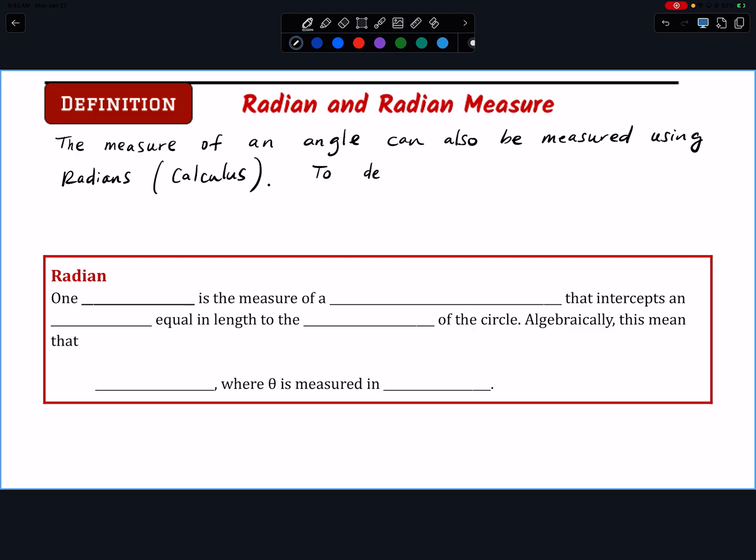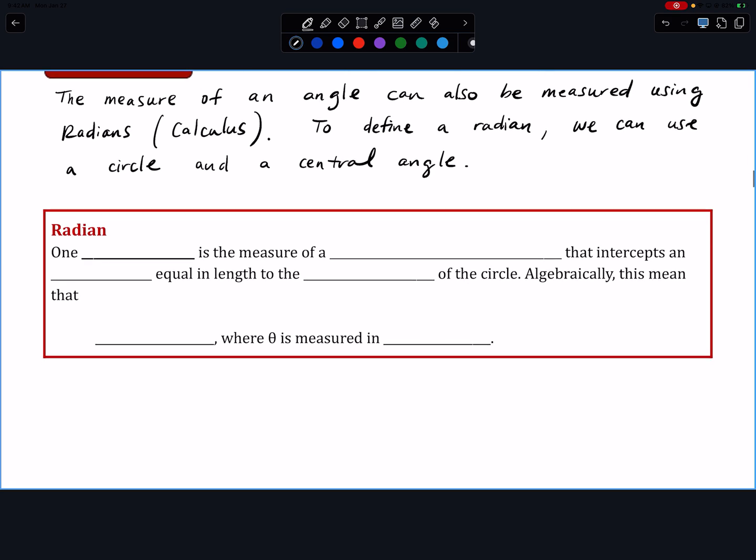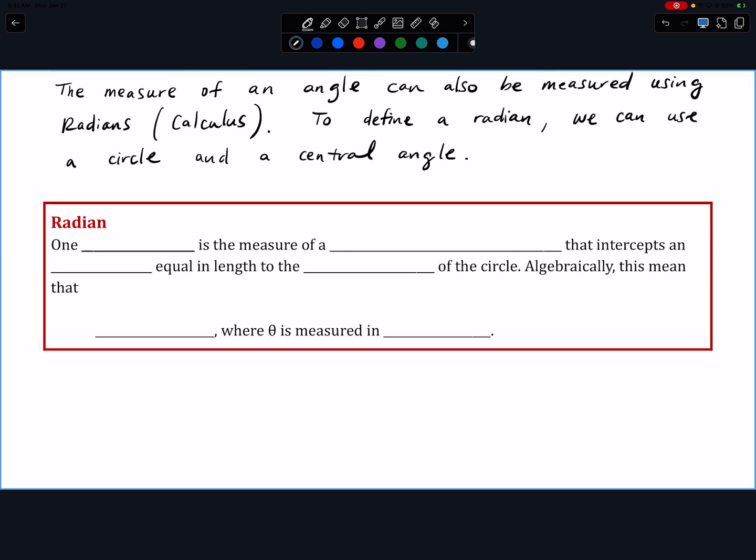To define a radian, we can use a circle and a central angle. So this will probably be super confusing at first, but I'll do my best to explain where this comes from.